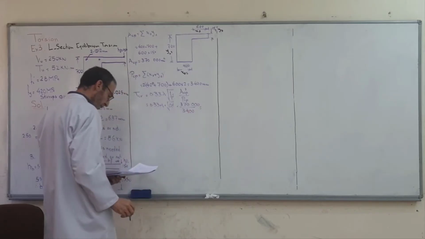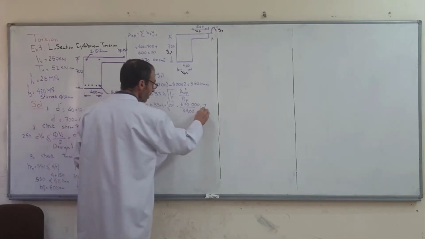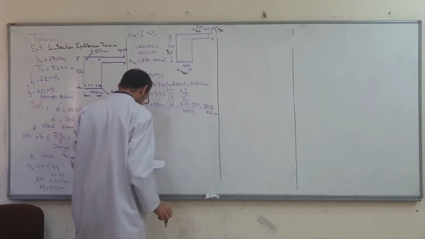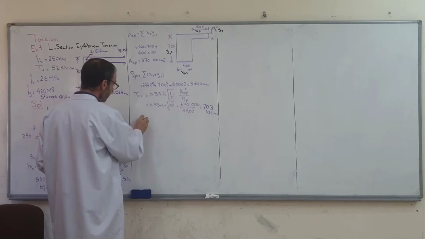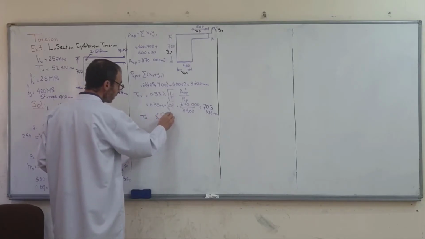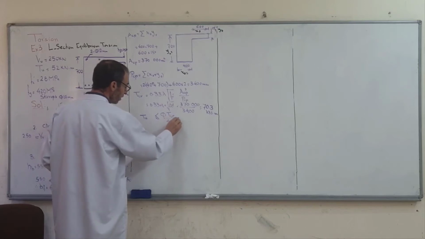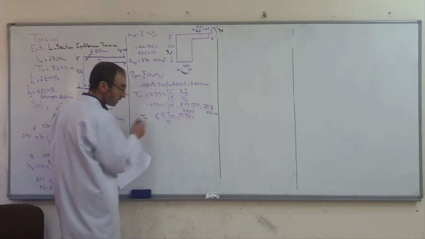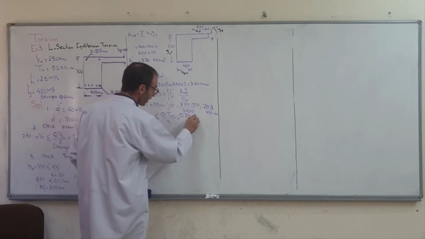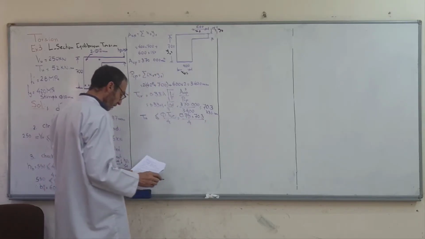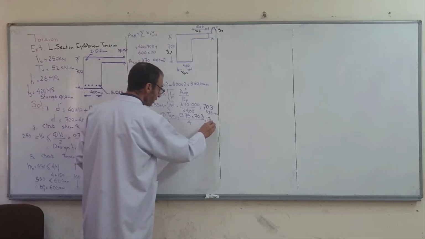This is equal to Tcr is equal to 70.3 kilonewton meters. Now T ultimate must be less than phi Tcr over 4, where phi is equal to 0.75. That is 0.75 times 70.3 over 4, equal to 13.2.